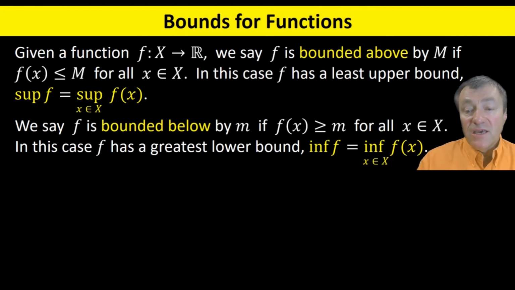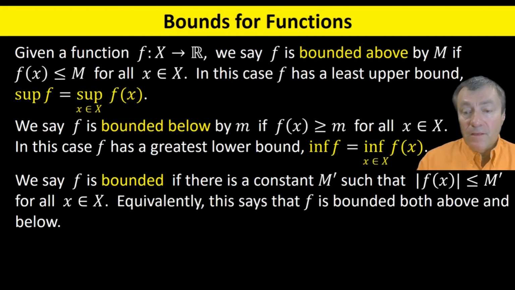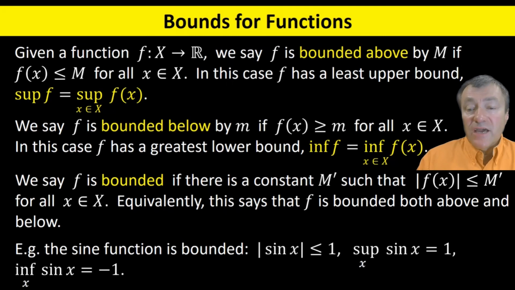In this case, f has a greatest lower bound called its infimum. The function is simply bounded if its set of values is bounded. But this is the same thing as being bounded both above and below, just like for sets, by the way. For example, the sine function is bounded between plus and minus 1. Its supremum is 1, and its infimum is minus 1.